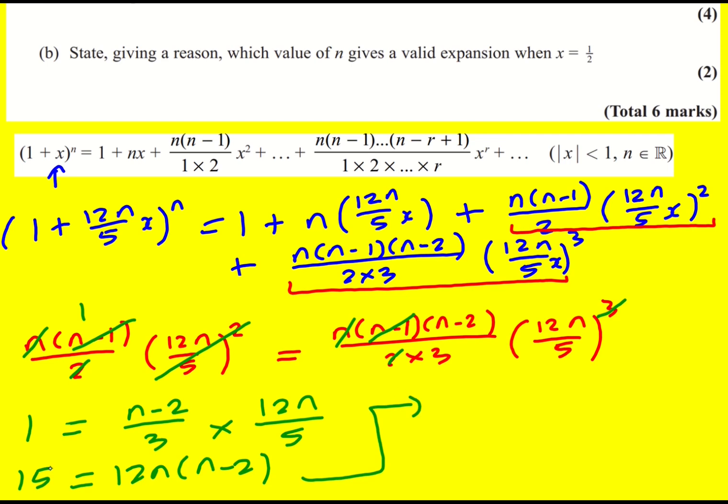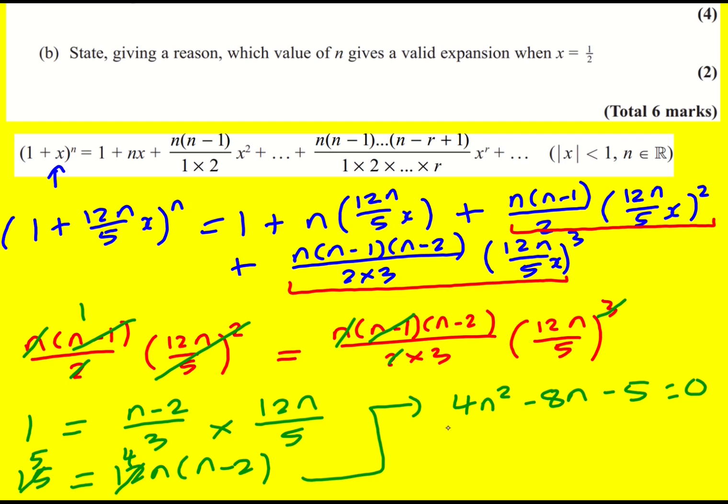Actually, there's a common factor of 3 I just noticed. So I could have cancelled that out over here, but I've just noticed it now. So I'm going to divide through by 3 to give me a 5 here and a 4 here. Therefore, 4n squared minus 8n, and then minus 5, is equal to 0.